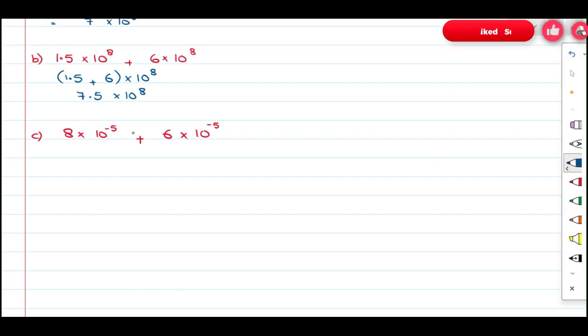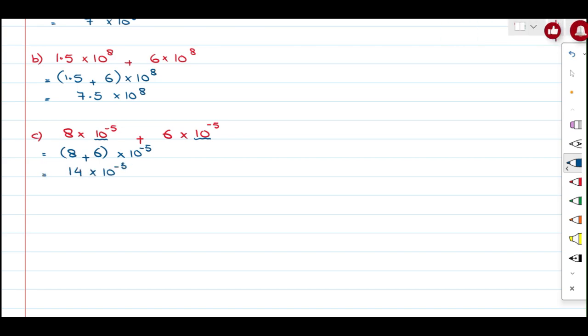Again, 10 to the power minus 5 is the same in both, so let me take it common. 8 plus 6 is 14, so 14 times 10 to the power minus 5. But this is not in standard form. Negative 5 is the integer, but this number should lie in the range 1 to 10. 14 is not in the range between 1 and 10, right?